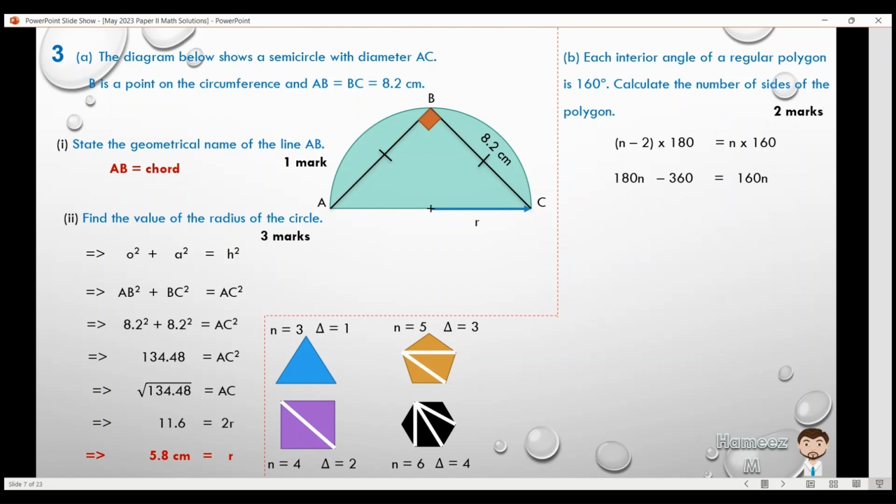So we have 180n, carry across the 160n, so it'll be 180n minus 160n is equal to 360. And 180n minus 160n will be 20n is equal to 360. So n, which is the number of sides, will be 360 divided by 20. As such, for an interior angle of a regular polygon of 160 degrees, this shape must have 18 sides.